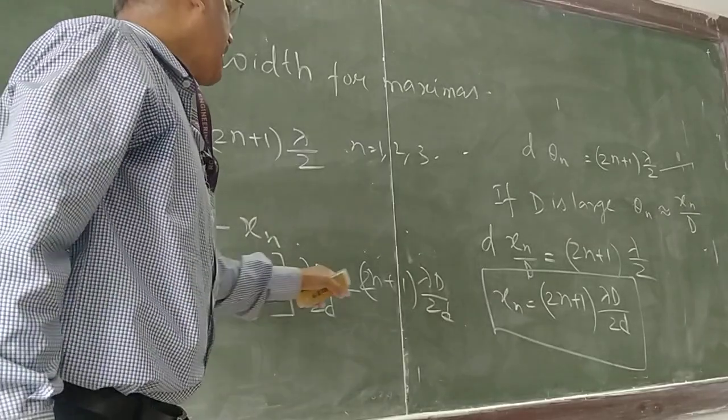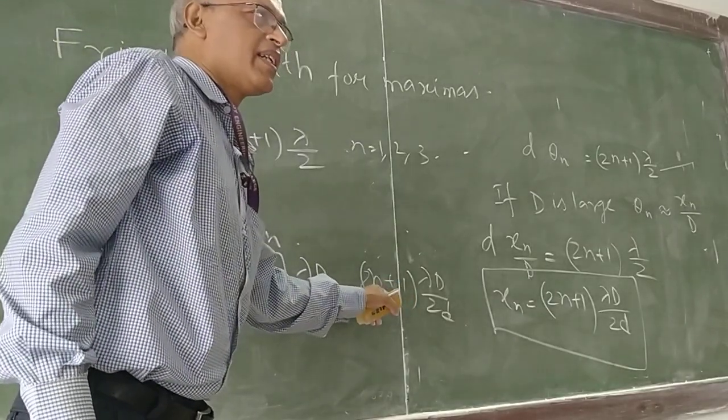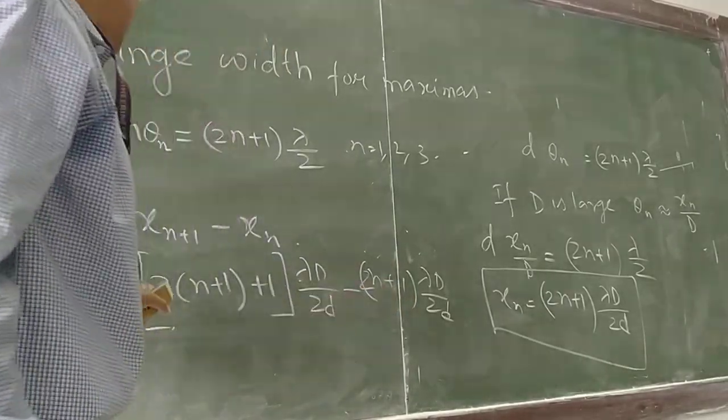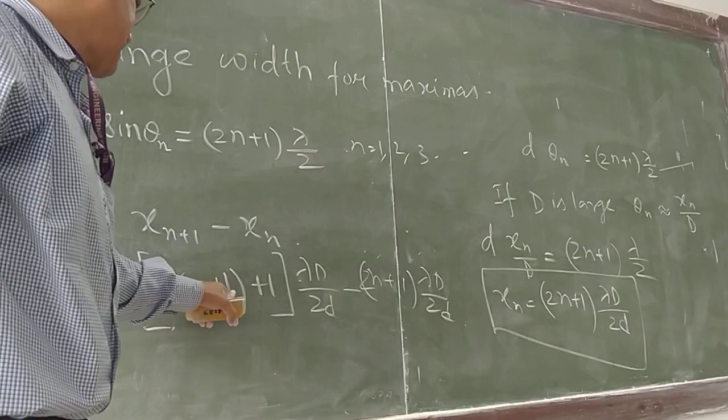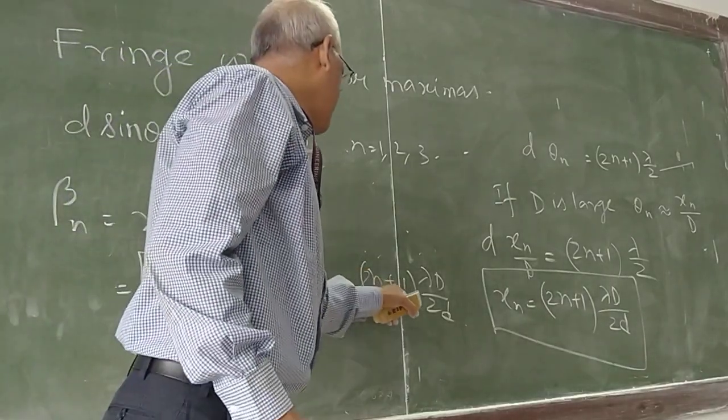Now it will be 3 and it will be 2n. So it will be 2n plus 3 and it will be 2n plus 1.